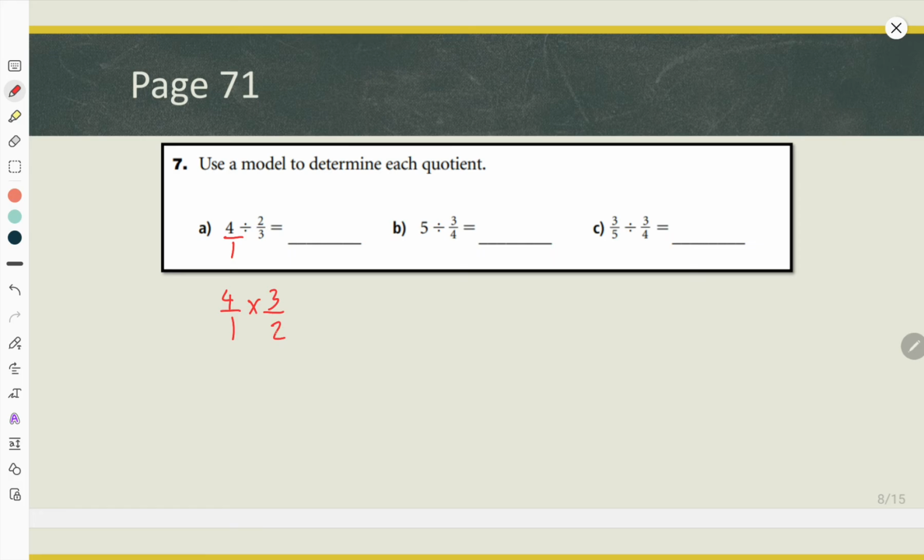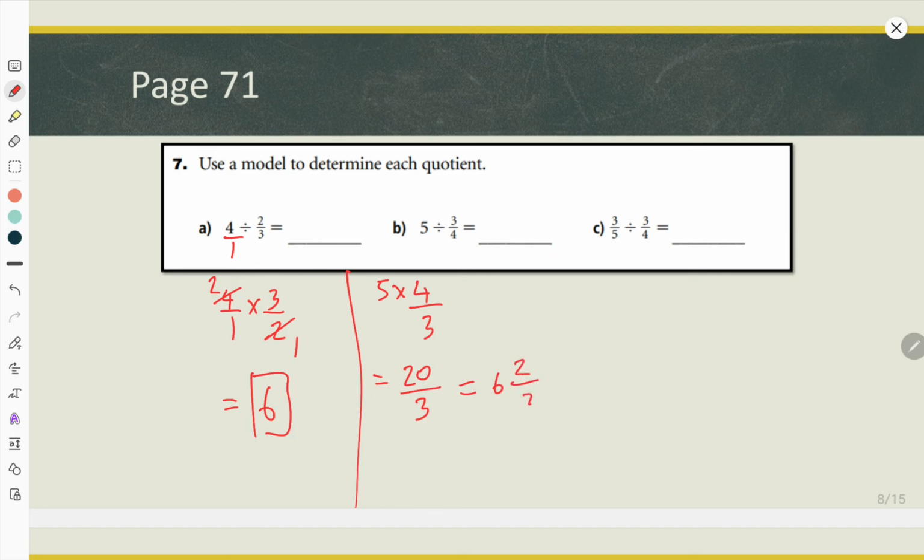Now let's simplify 1 and 2, and our answer is equal to 6. Next one, guys, 5 times 4 over 3, which is equal to 20 over 3, and we can change it to a mixed number if we want. So 6 and 2/3.